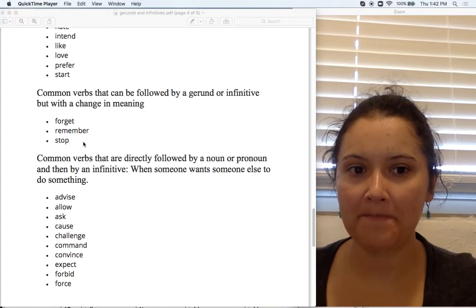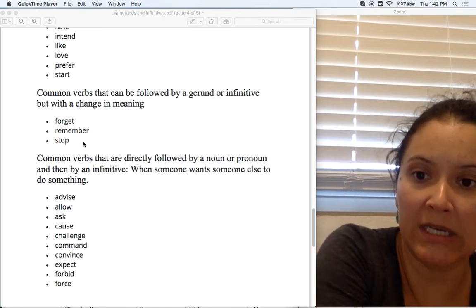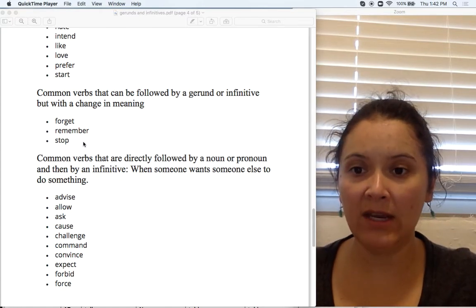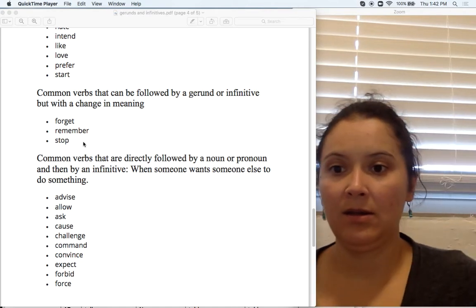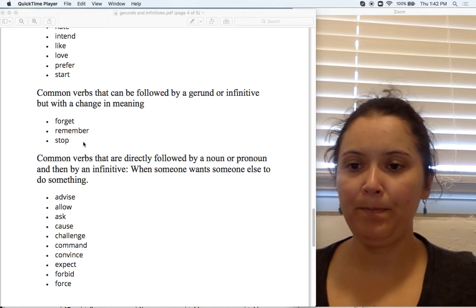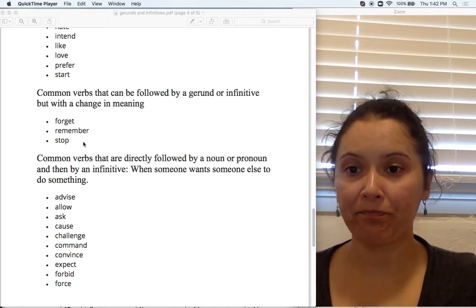Why? To eat. I stopped driving to eat. Now, if I want to take away driving, I could say I stopped to eat. See, I don't have to say I stopped driving to eat. I could say I stopped to eat.